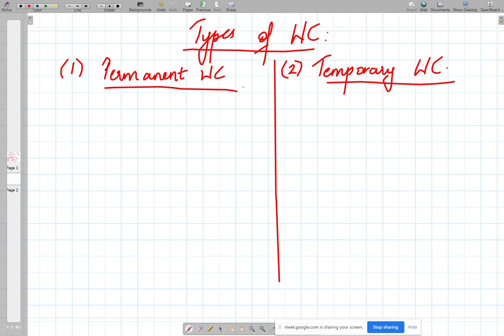The working capital requirement which is needed on a regular basis, on a constant basis. Okay, so regular or constant requirement of working capital is called permanent working capital. Fine. Now, there are certain times when you suddenly need more working capital. For example, let's say your sales have increased.